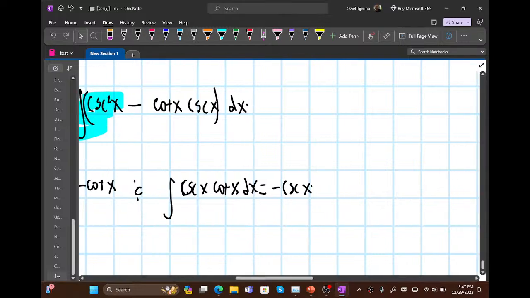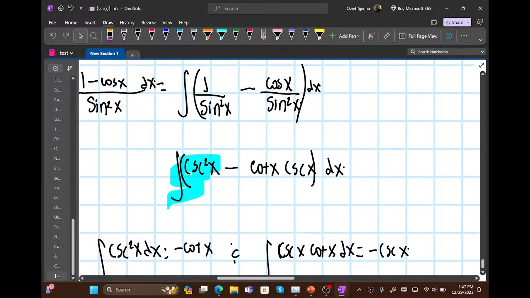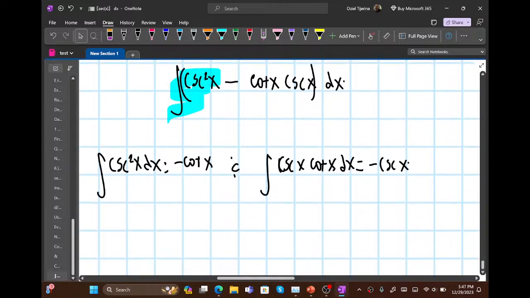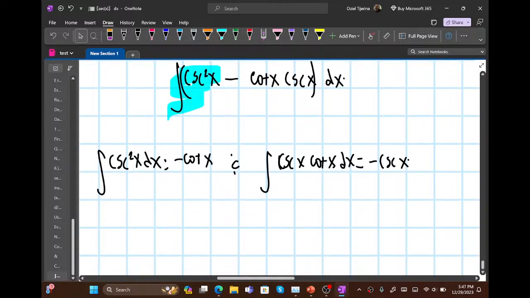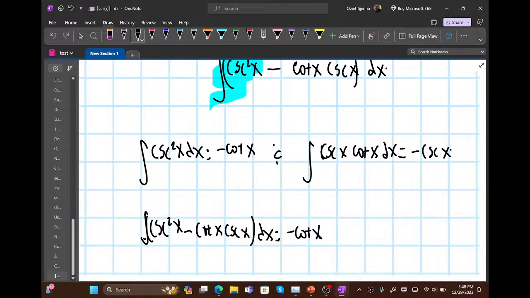But because we are subtracting twice, like the subtraction of a negative, the integral of cosecant squared x minus cotangent x cosecant x, all of this dx, will end up being negative cotangent x plus cosecant x, I think.